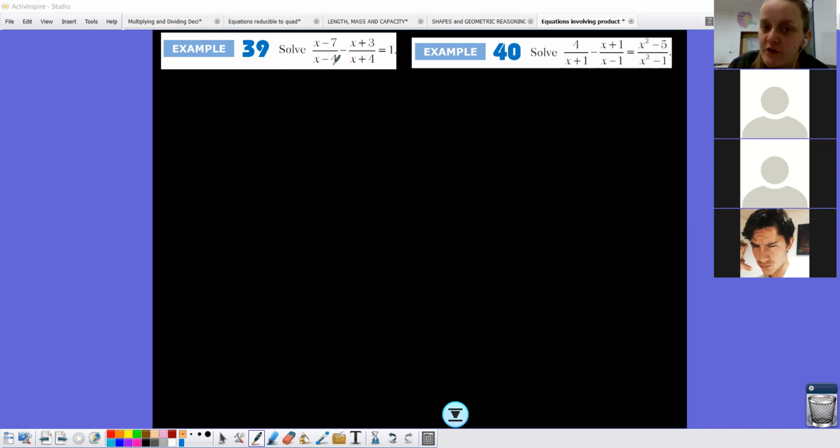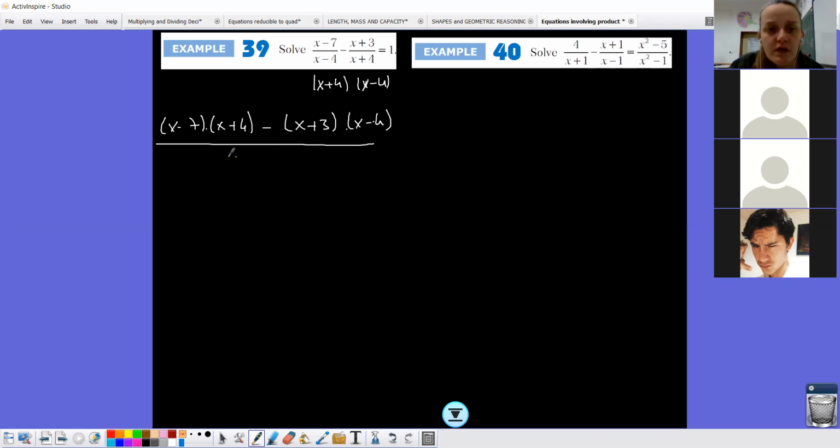Now x minus 4 here, x plus 4 here. So I will multiply the first one by x plus 4, and the second one by x minus 4. Now what I will get: x minus 7 times x plus 4 minus x plus 3 times x minus 4, over x plus 4 times x minus 4, is equal to 1.